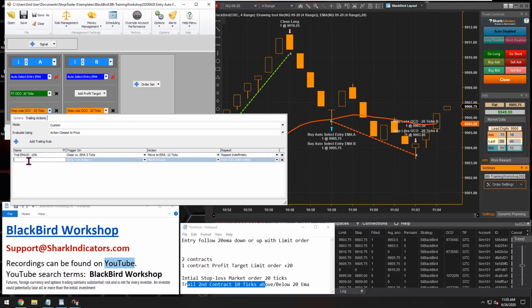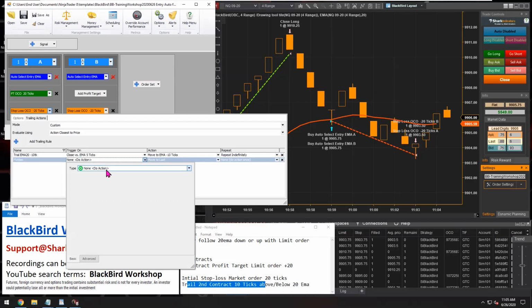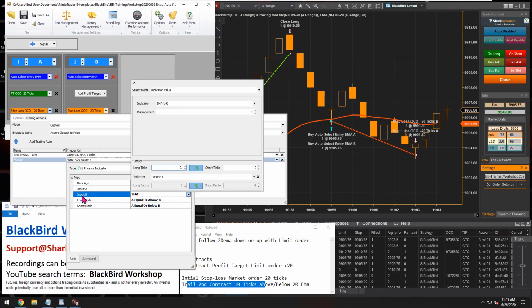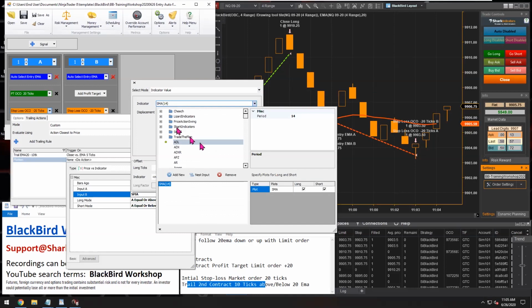So let's see here, what should we call this? I'm not coming up with a good name here, but basically what you have here, David, is a kind of flattened trailing rule. So we will use the price versus indicator, and again, input B is going to be your EMA20.